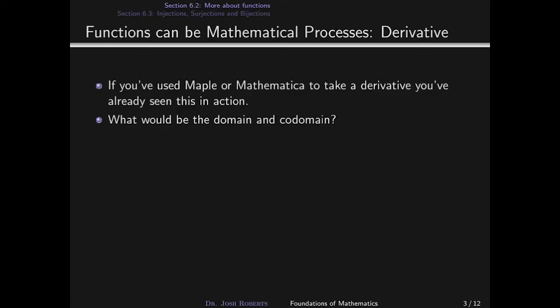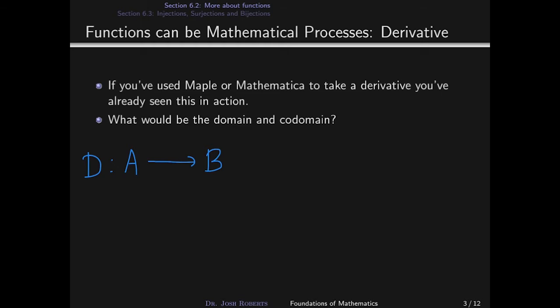So what you just saw an example of is the following. I'm going to define a function D to be the derivative. So this function is going to go from a domain set, which for right now I'll just call A, to a codomain set.